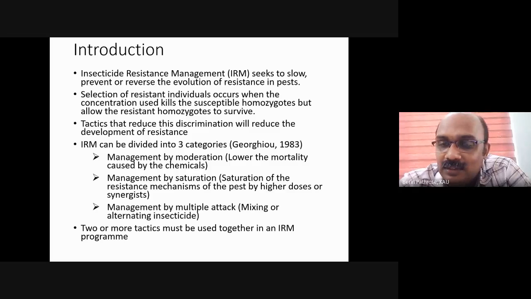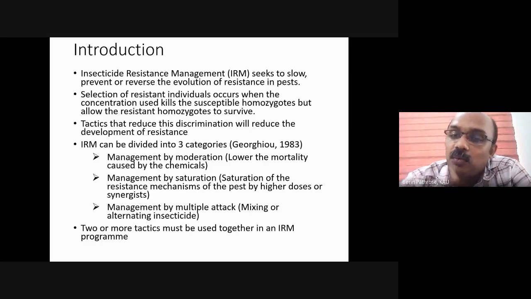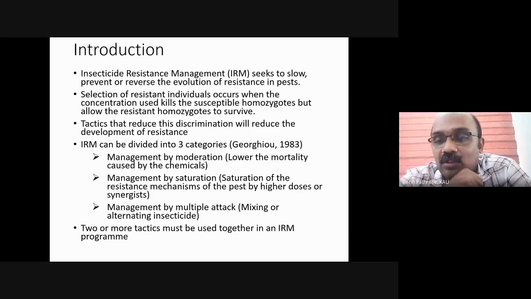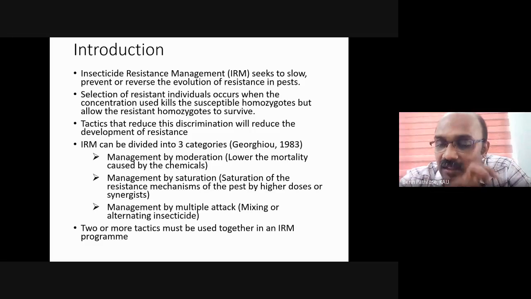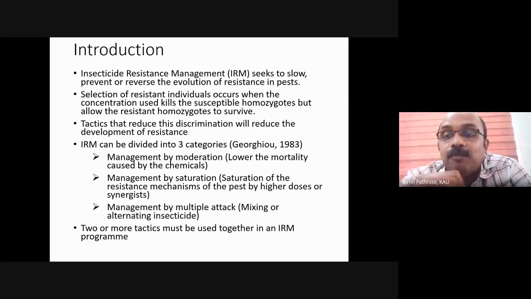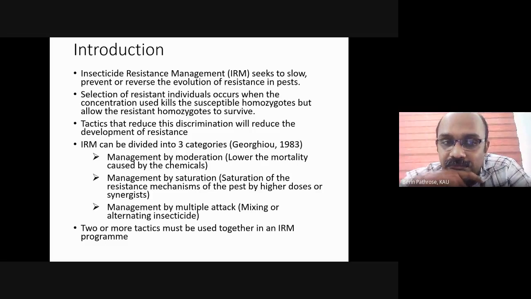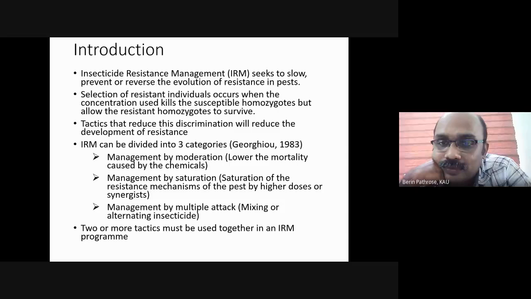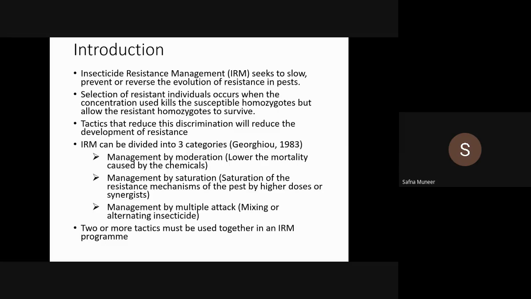No? But can we reverse a resistance? Once an insect strain has evolved resistance, can we make it susceptible again? Yes or no? By destroying all the resistance. Is that possible? I don't know.